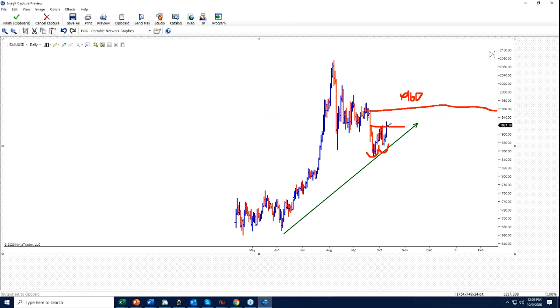If this thing starts failing, I would obviously do other things or just get out of the trade. If on the other hand it looks like it's really building momentum, then I'm going to cancel this and put it a little higher at 1980.